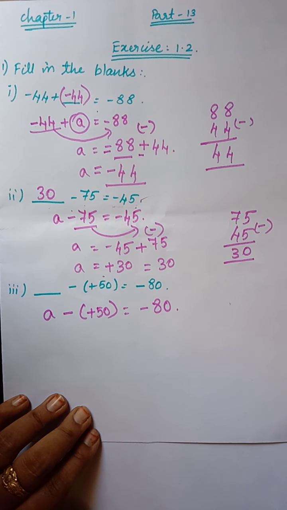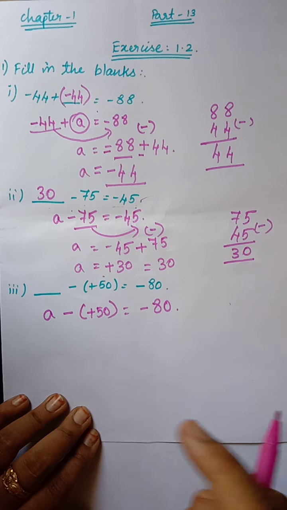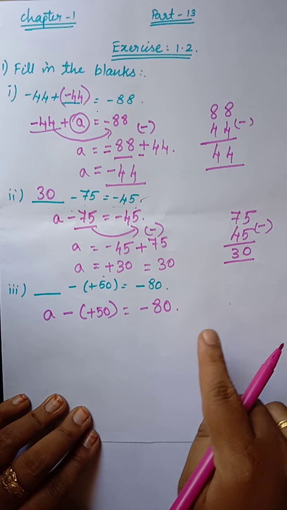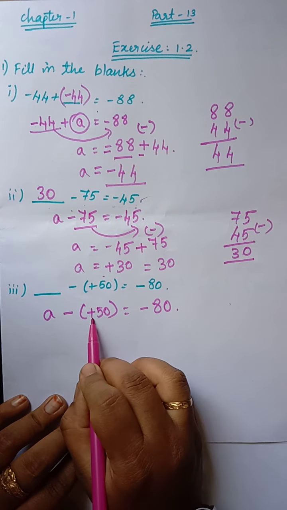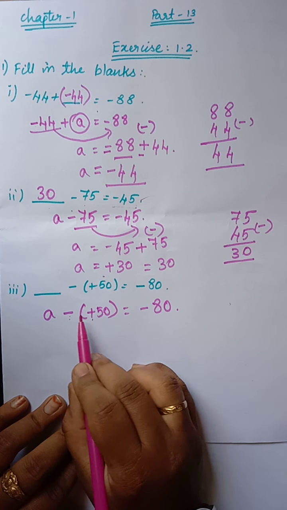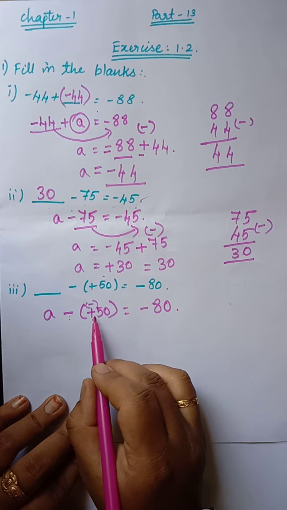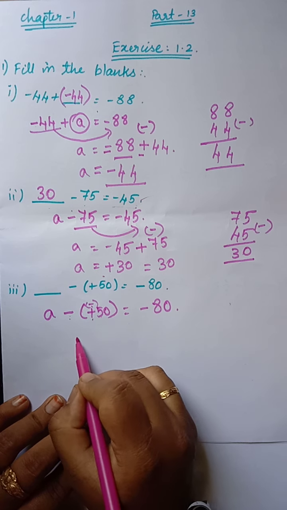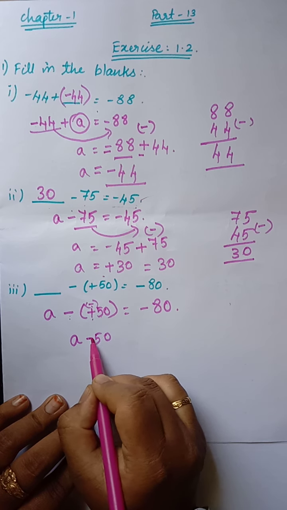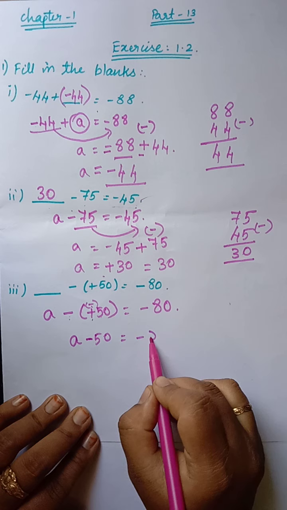Okay, now we have to change the number this side. While changing, here it is plus, here it is minus, so minus into plus is minus. So here it is minus 50 now. So a minus 50 equal to minus 80.